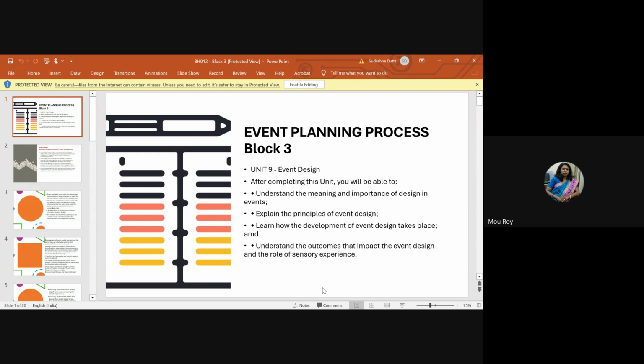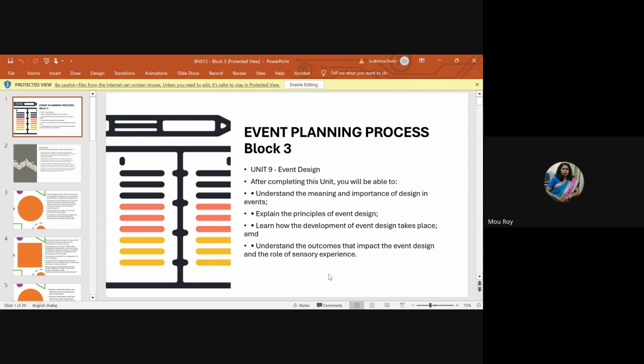So there are five blocks, and block 3 is about the event planning process. As I have already mentioned, whenever you conduct or organize any event, you have to do it in a very planned and meticulous way.